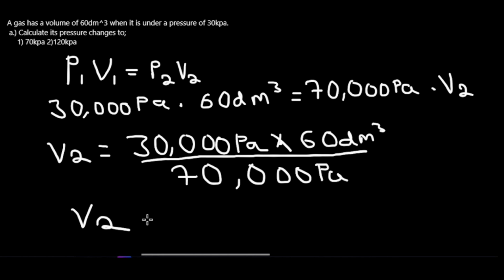Once we do this, we end up finding our volume as 25.71 decimeter cubed. So this is the volume at 70 kilopascals.